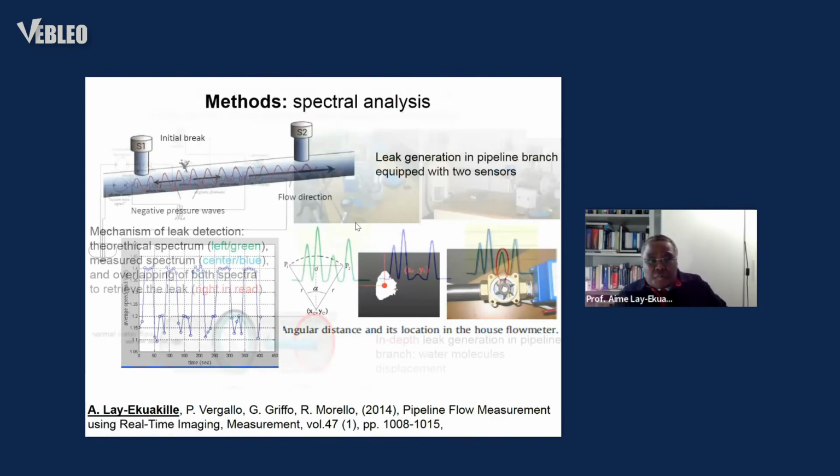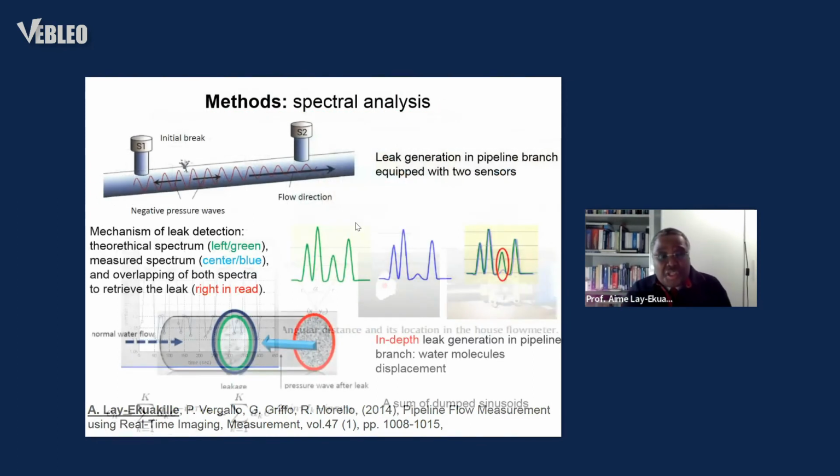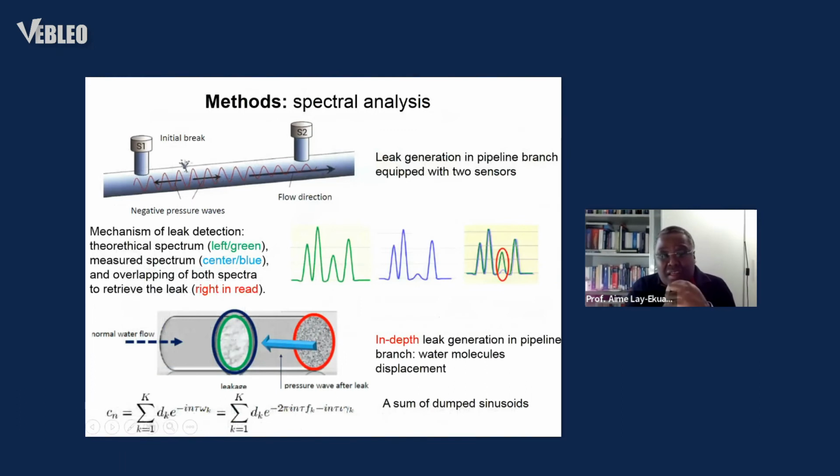So in the spectral analysis, which is one of the key issues of this talk, normally we have a pipe in a normal situation. This is the flow direction.